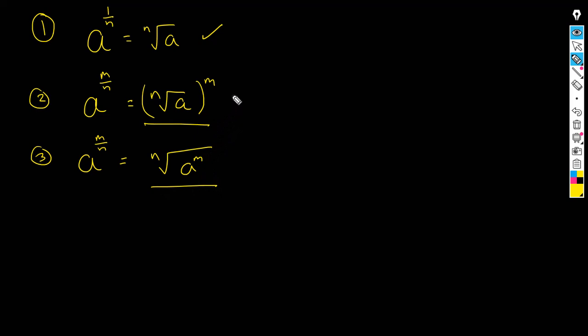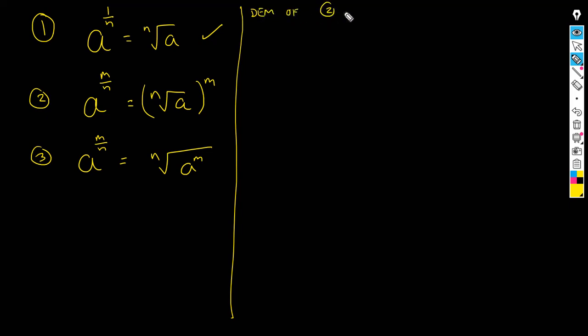It doesn't matter which one you choose. Actually, the only thing that is different is the placing of the m's, but they are exactly the same thing. Okay, so first I'm gonna prove the second fact. Let's write in here demonstration number 2.